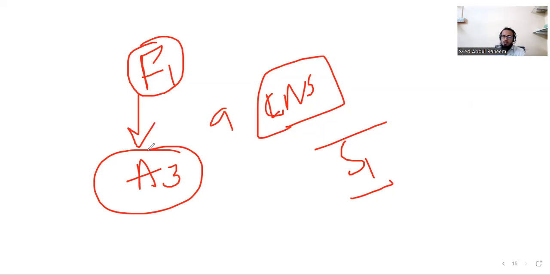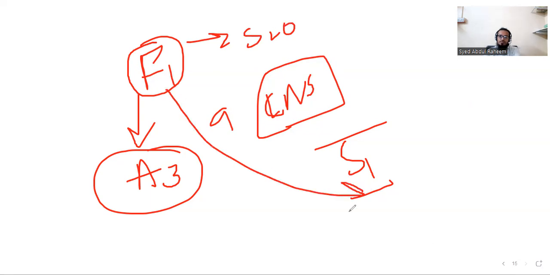If you want to improve metabolism, you can use S10, F1, A3. For lymphatic flow, use S1, F1, A3.